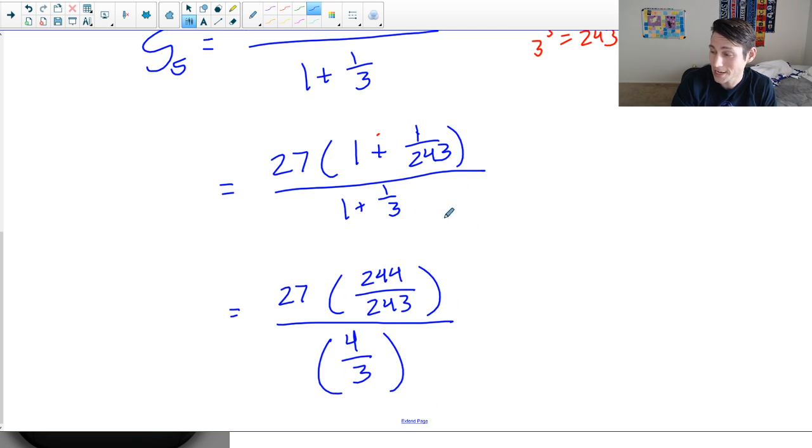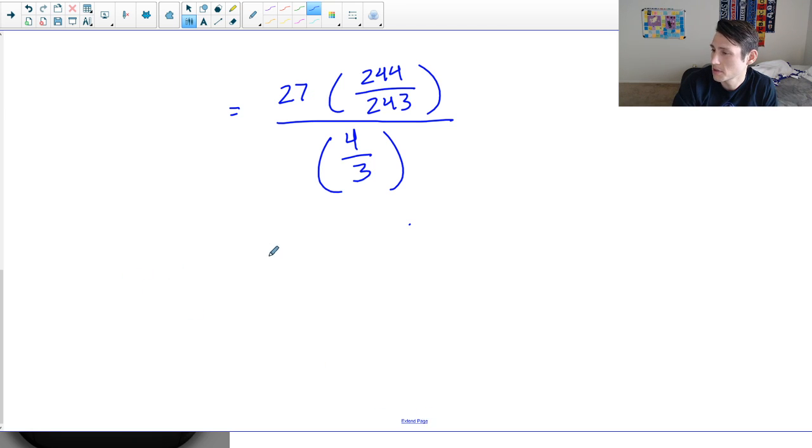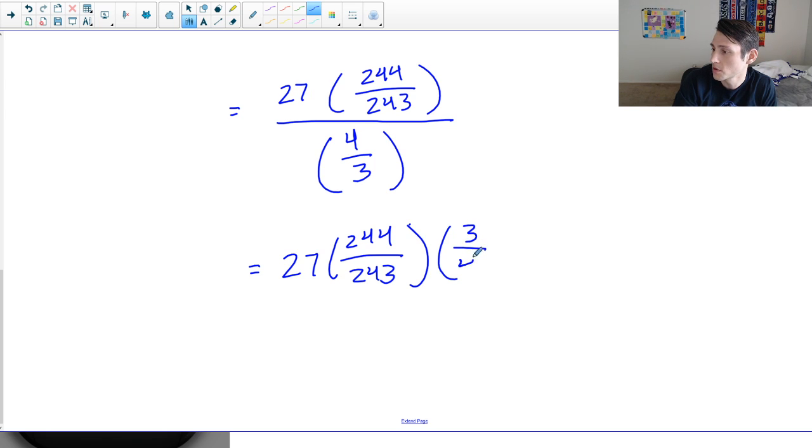I have a complex fraction here, right? A fraction divided by another fraction. So let's not do a fraction within a fraction. Let's instead multiply by the reciprocal. So instead of divided by 4/3, we'll multiply by 3/4.